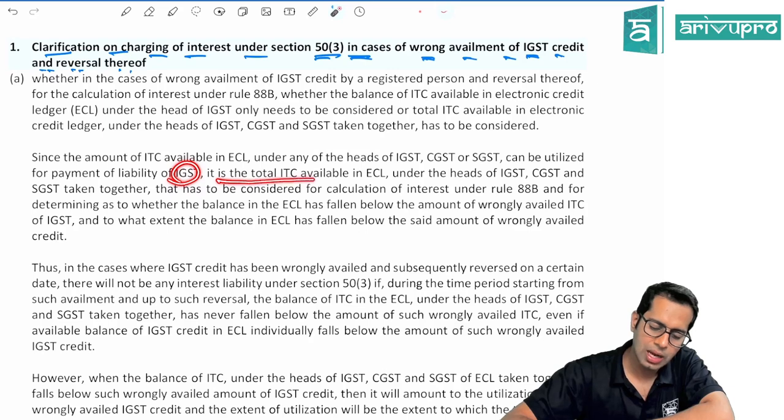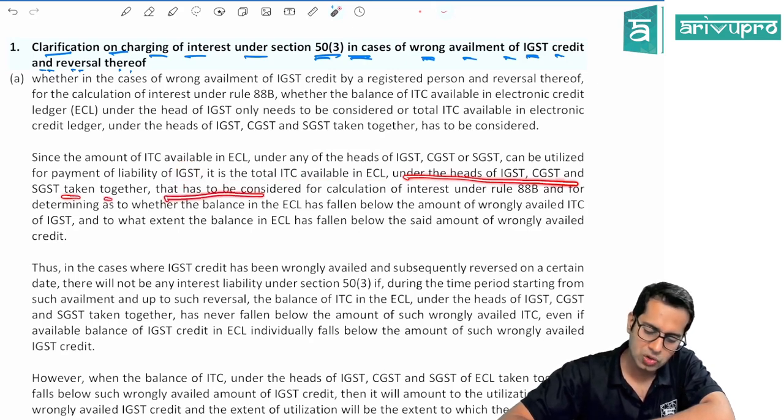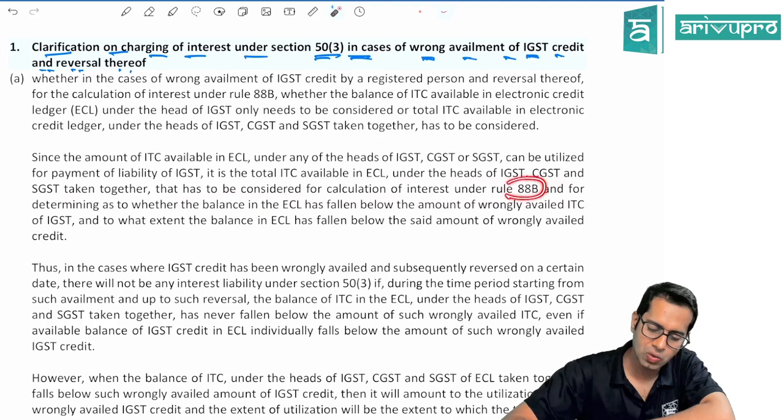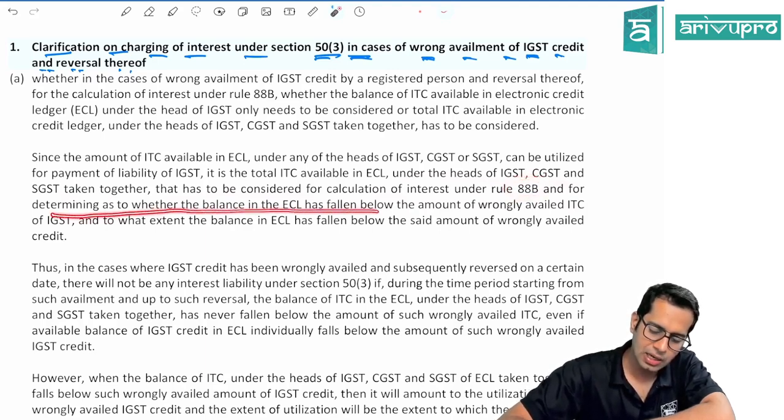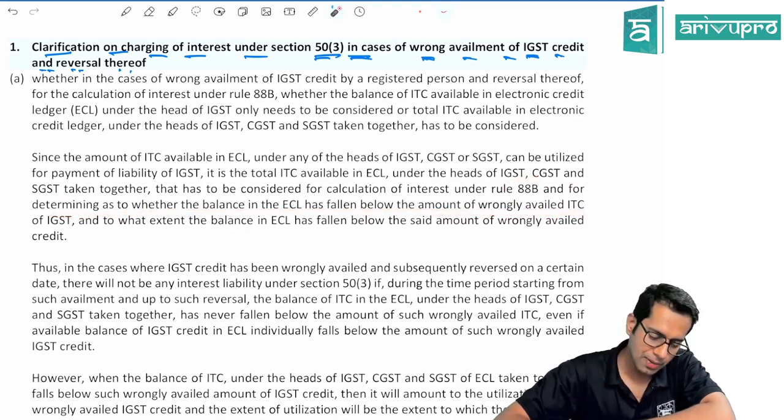It is the total ITC available in the electronic credit ledger under IGST, CGST and SGST taken together that should be considered for calculation of interest under Rule 88B, for determining whether the balance in the electronic ledger falls below the wrongly availed input tax credit.